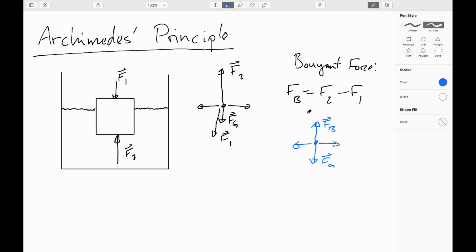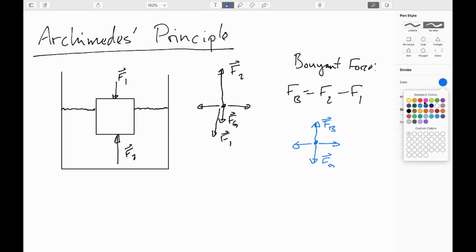And that's it. So either you draw in the F2 and the F1, or you just draw FB, which bakes the F2 and the F1 into the cake. Now let's try to figure out how big this buoyant force is.